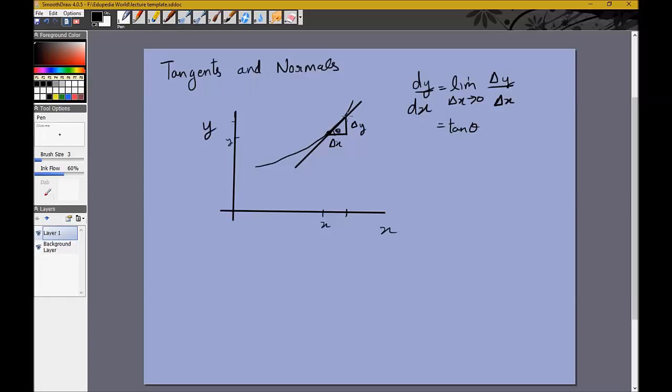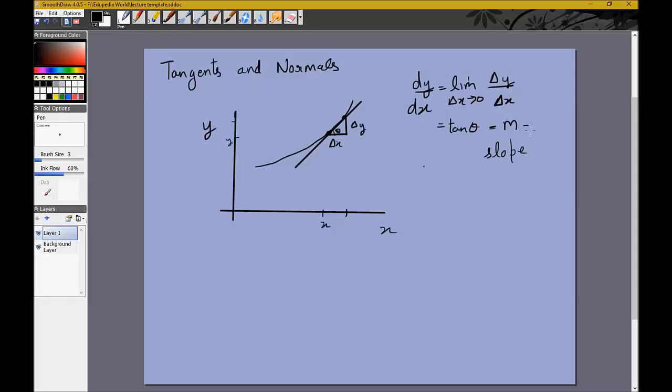Usually it would be 2 points, but as delta x goes to 0, this point approaches this point. So we know the derivative of y with respect to x will be tan theta, where theta is the angle made by the tangent with the x-axis. Right. It is also referred to as m, or the slope.